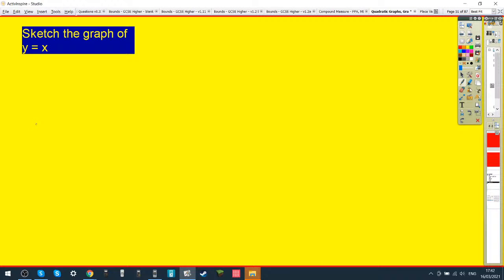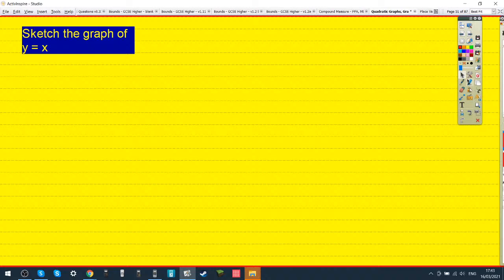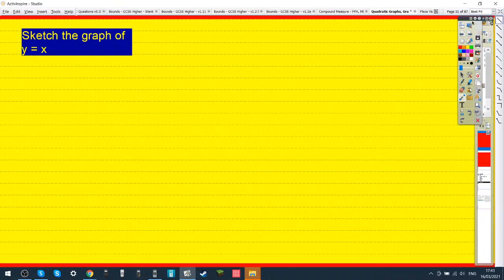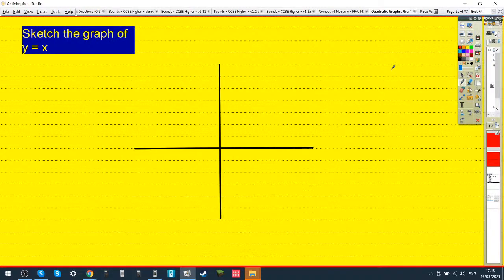Okay, how do we sketch this graph? What does this look like? Y equals x. So is there another line on the beginning of the x-axis?